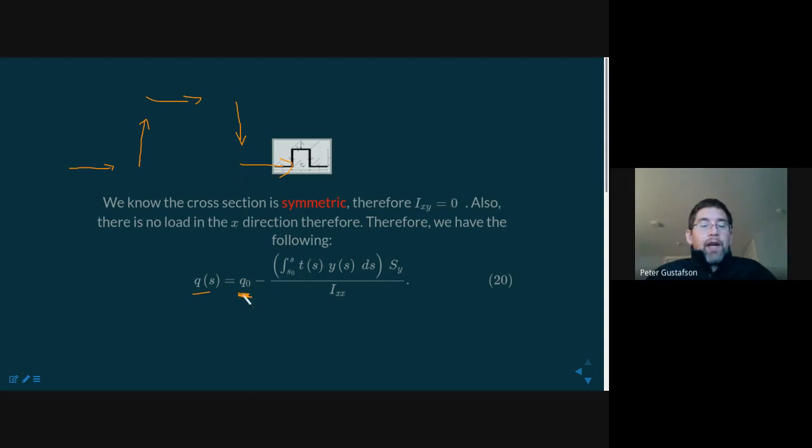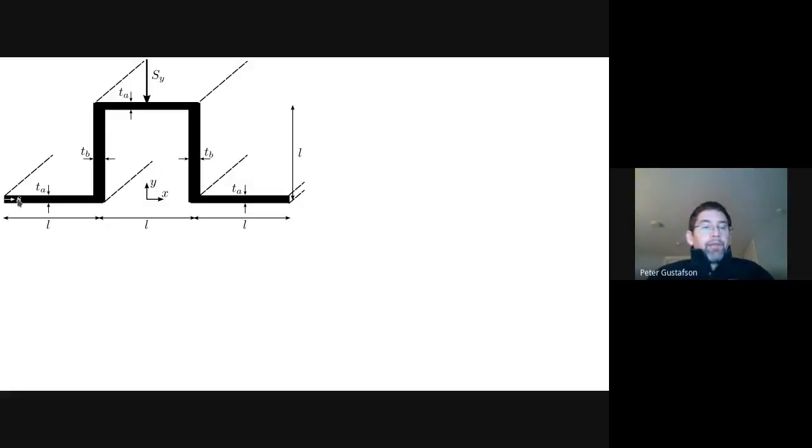We had 5 constants of integration. One of them is going to be 0. The others are going to be the value of the integral as you go from one side to the other. This is all just review, so I'm going through it fairly quickly. And the other thing we could identify in this image is that for various segments, i.e. within each of the S sections, the thickness was constant within the section.